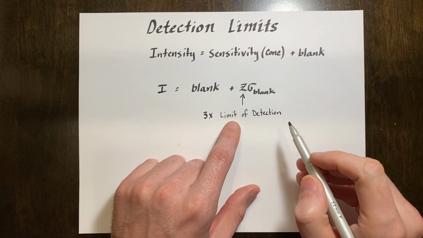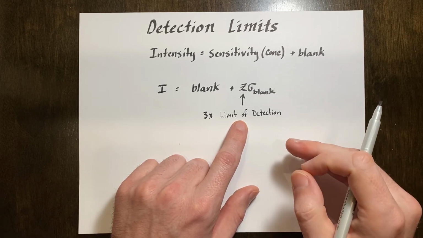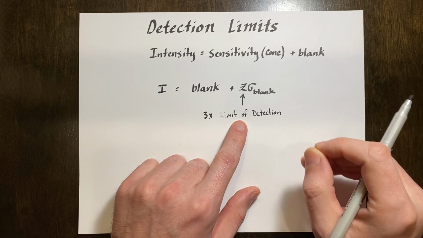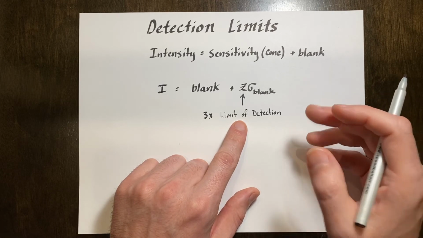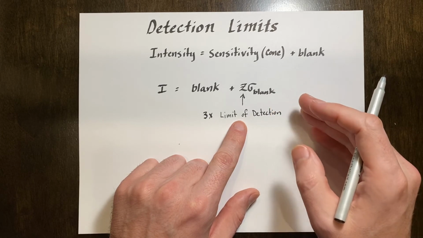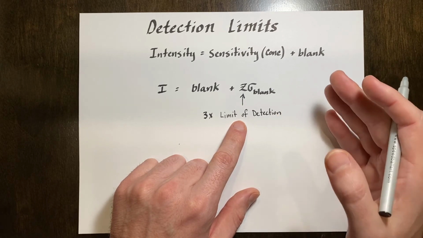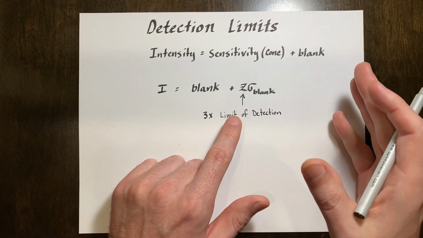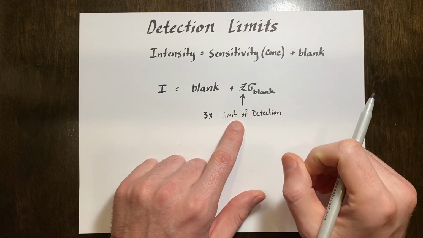And once we get down to the limit of detection, there may be analyte there, and it may be of a concentration that we should be able to detect. But it's possible, if the blank is somehow measuring a lower value, that we might not be able to distinguish that from noise. So some of the time, even at the limit of detection, we may not detect the analyte if it's of a sufficiently low concentration, right at the detection limit.